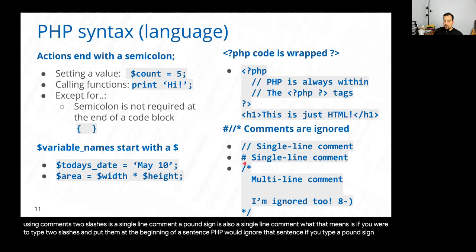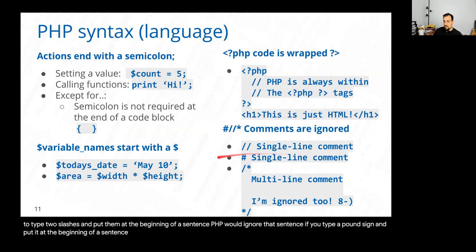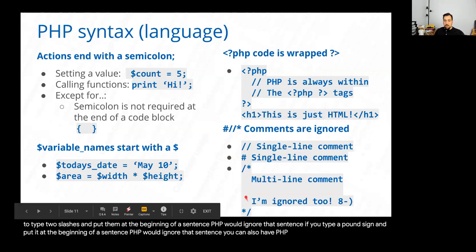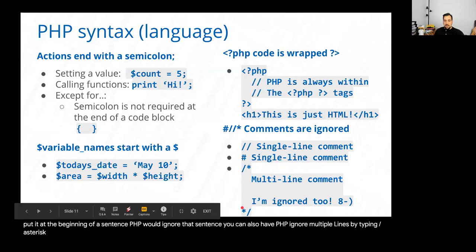If you type a hash sign and put it at the beginning of a sentence, PHP would ignore that sentence. You can also have PHP ignore multiple lines by typing /* and then */. Anything in between those two will also be ignored.